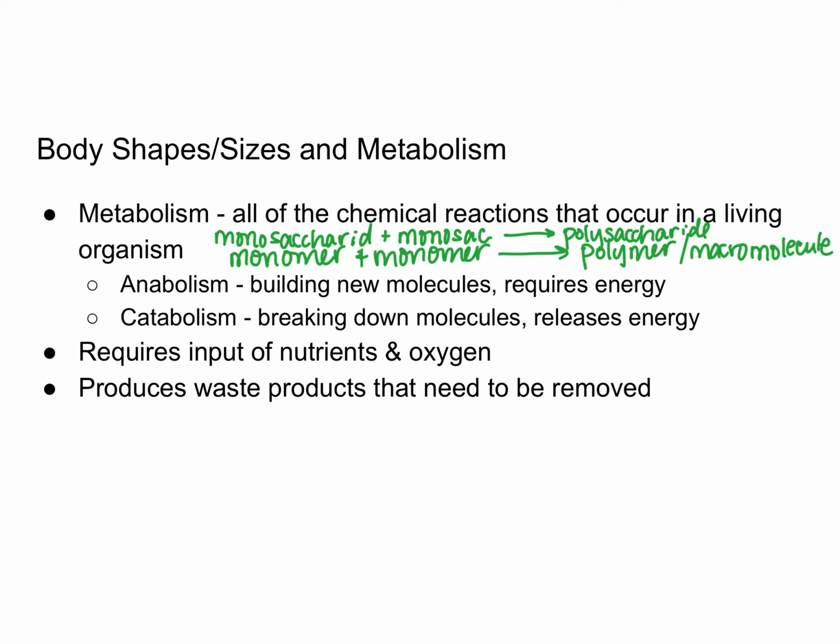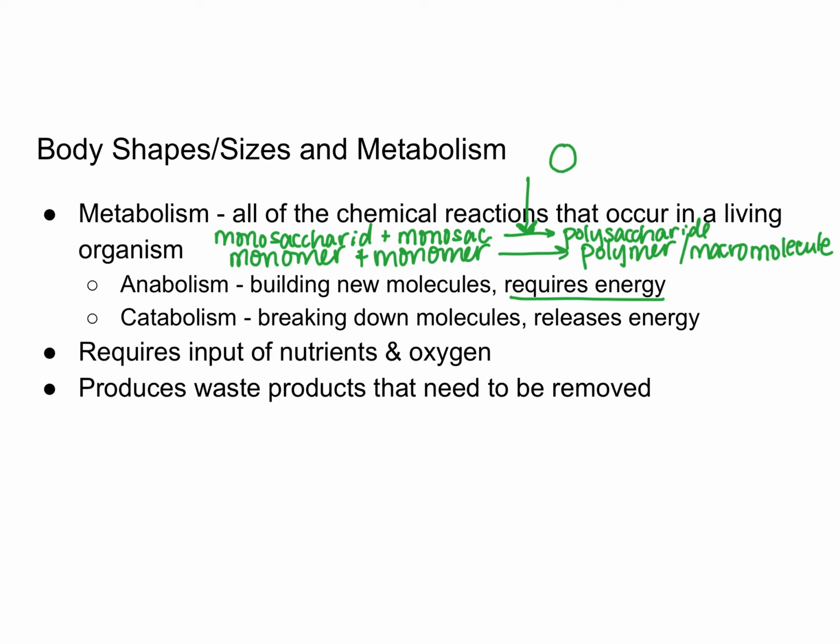As it says here, there's usually an input of energy required. So there would be energy going into this reaction to allow for these bonds to be made between the monomers and the other monomers to make the polymer. We could also show this using some circles.